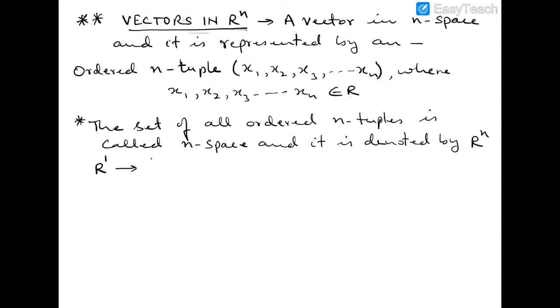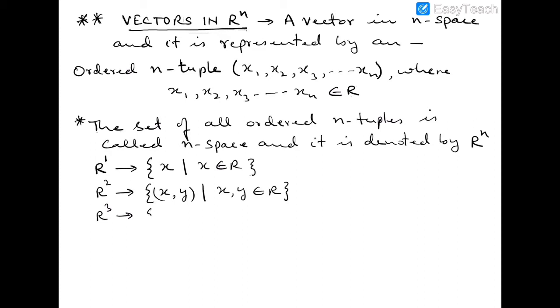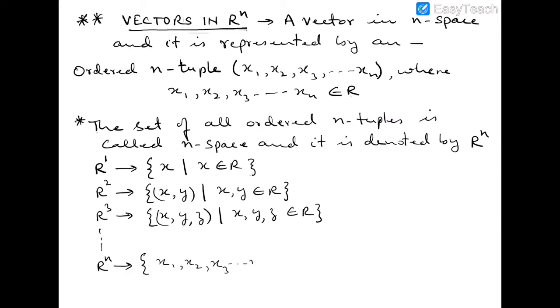Like R1 is the set of all real numbers x, and R2 is the set of ordered pairs (x, y) where x, y belong to the real numbers. R3 is the set of all ordered triples (x, y, z) where x, y, z belong to the real numbers. Similarly, Rn is the set of all ordered n-tuples (x1, x2, x3, up to xn) where x1, x2, x3, up to xn belong to the real numbers.